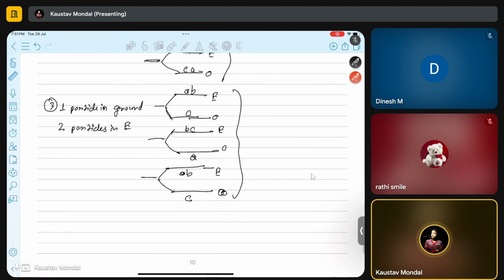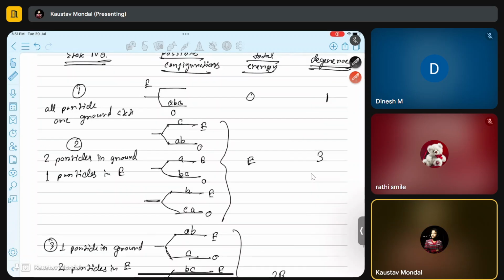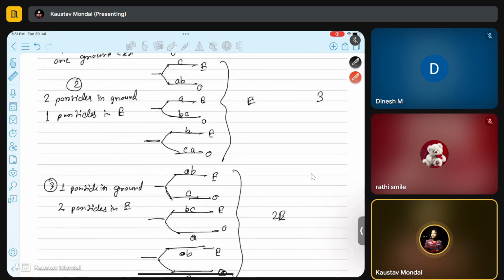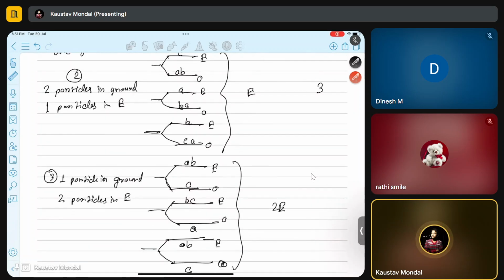The total energy is 2E, since two particles are in the energy state E and one is in 0. The number of microstates is also 3.